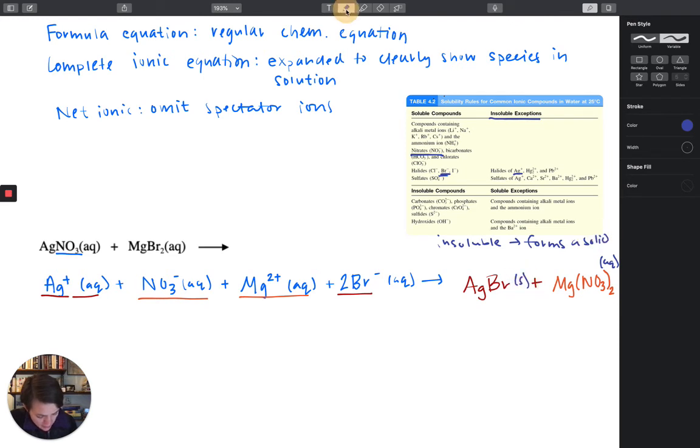All right, so we're kind of running out of room, so I'm just going to rewrite these products as their complete ionic equations. So this would be AgBr solid, right? It formed a solid, so I'm going to keep it together. Our magnesium, however, is by itself an aqueous solution. You want to make sure that your species are balanced.